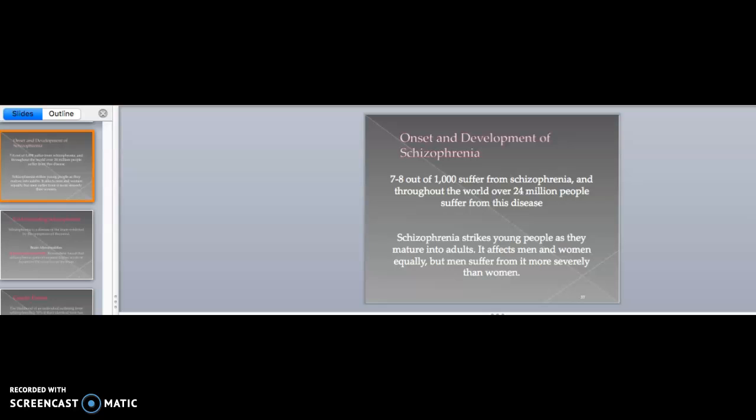Those symptoms usually occur in a person's early 20s. 7 to 8 out of 1,000 suffer from schizophrenia, and it strikes people usually when they're maturing into adulthood. There's usually a life event that triggers it, like some change in routine or life circumstances.